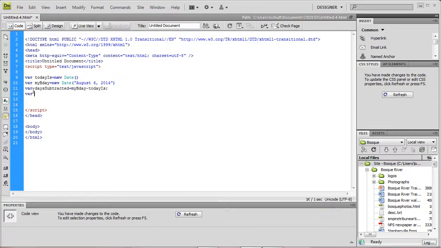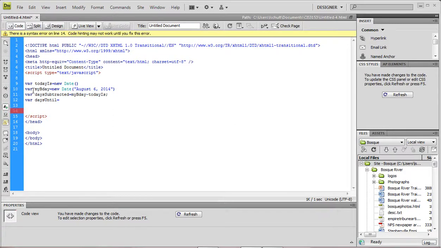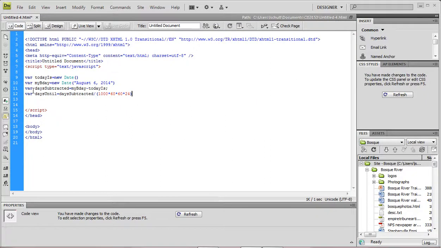And then we're going to set up our var days until to store our answer. And so we're going to take days subtracted, and again we're going to divide that by 1,000 to get it from milliseconds into seconds, change it to minutes, change it to hours, and finally change it to days.